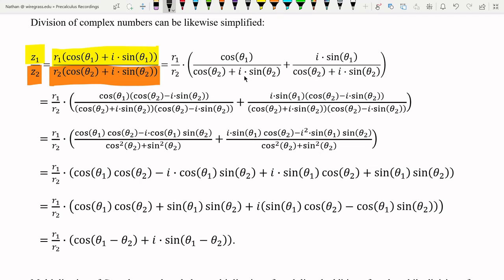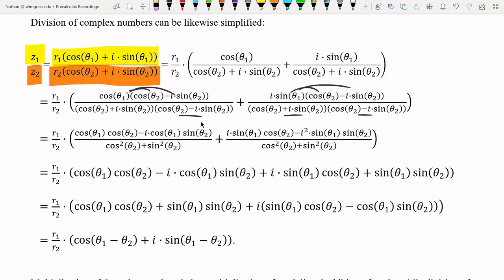I can multiply by the conjugate because these are complex numbers on bottom. We have cosine plus I sine. And so that's what I have here. I just multiply by the conjugate, top and bottom. And on top, I can distribute this here as well.